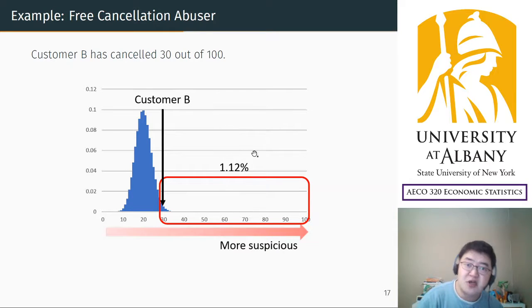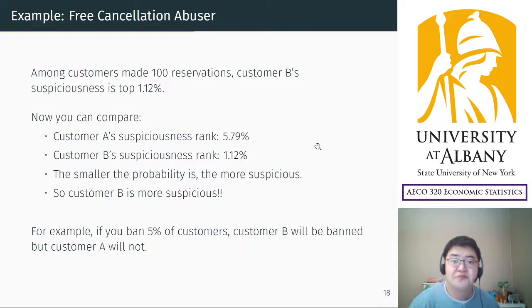The rank is much higher. So now you can compare. Among the customers who made 100 reservations, customer B's suspiciousness is top 1.12%. Among customers who made 5 reservations, customer A's rank was top 5.79%.